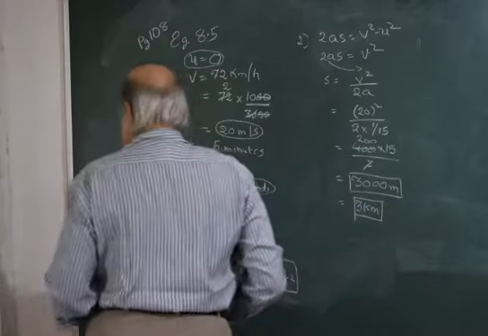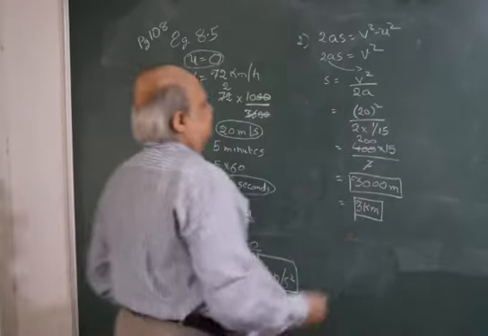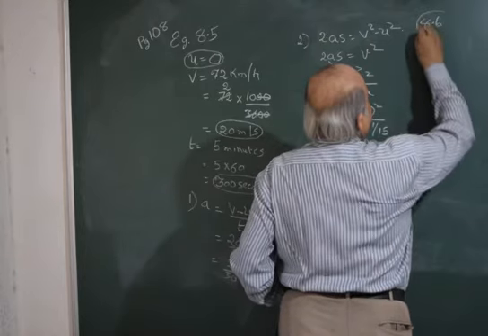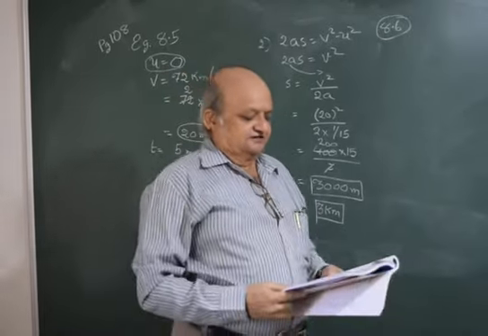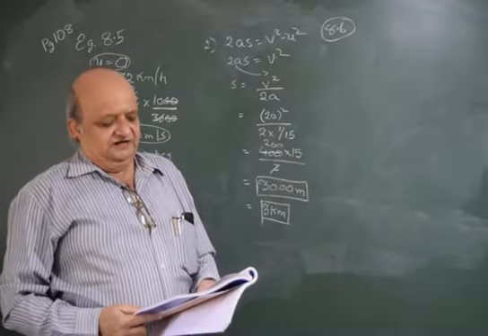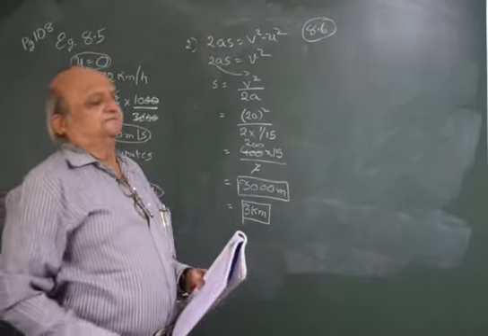We go over to example 8.6. A car accelerates uniformly from 18 km per hour to 36 km per hour.